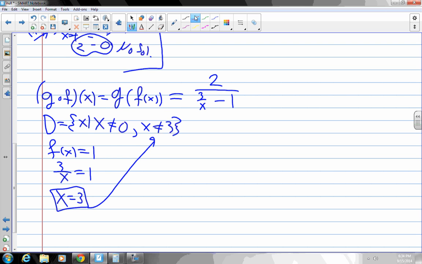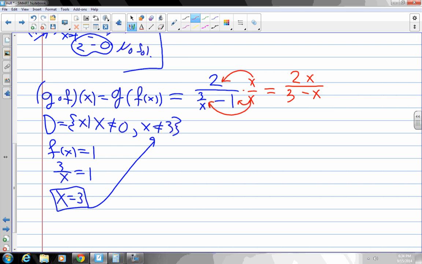And I want to simplify that. So the way we simplify these complex fractions, you can always multiply and divide by the little denominator. You saw that trick last week. So that will clear out the little denominator. So when you distribute, 2 times x is 2x in the denominator. 3 over x times x, the x's cancel. And then 1 times x is x.